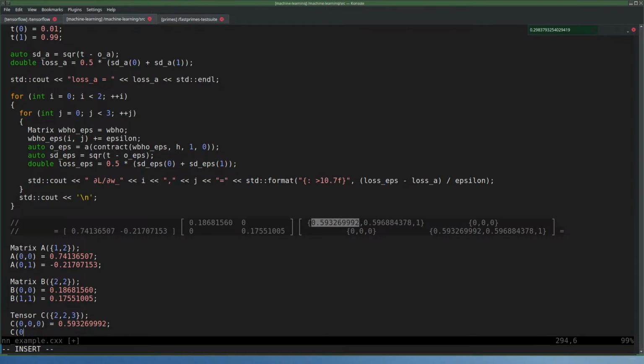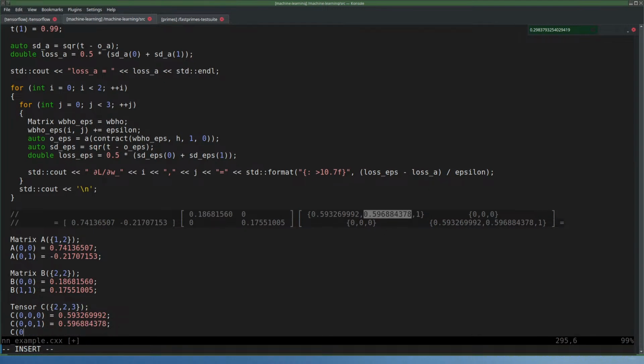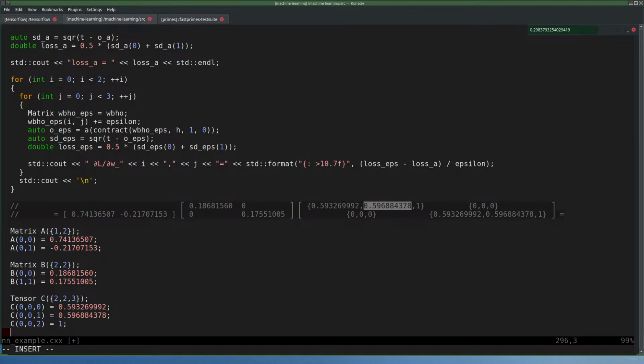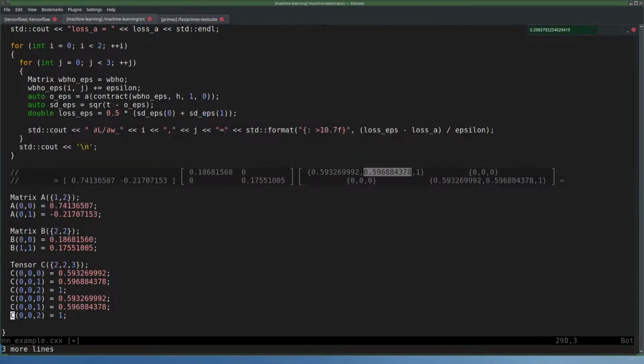And C 0, 0, 1 deeper is that value. And even one deeper is 1. And then repeat that for a row down and a column down. So that is, just copy this. Replace these with 1s.